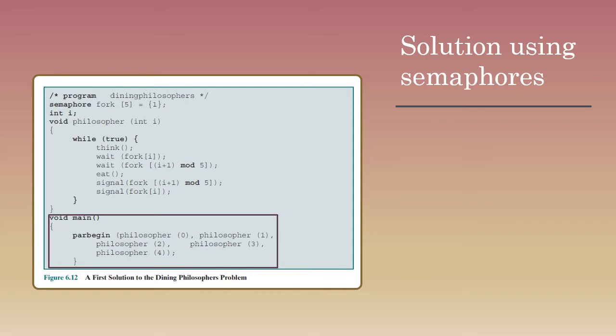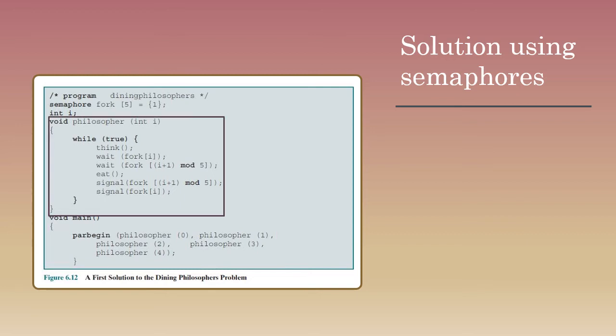If you look at the main program, it simply begins all the 5 philosophers together using the begin construct. So it is fairly simple. Now let us concentrate on the philosopher code. The philosopher code consists of a while true loop.